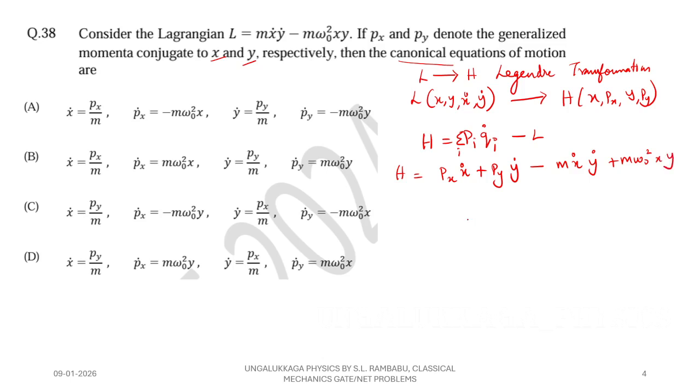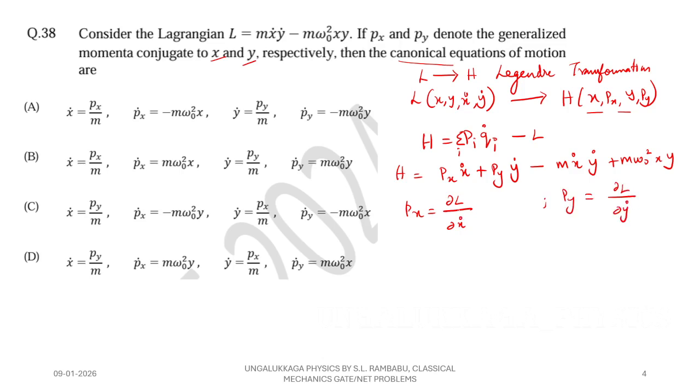In order to write the Hamiltonian, we have to get rid of the generalized velocities, x dot and y dot, since H should be a function of x and the p's. For that, we write px is equal to dou L by dou x dot, and similarly py is equal to dou L by dou y dot.